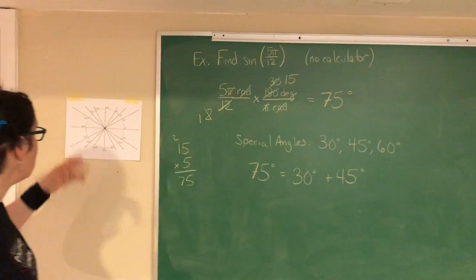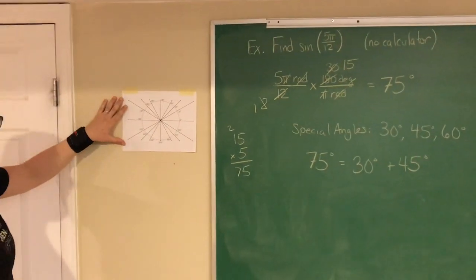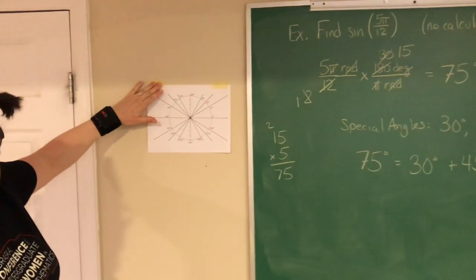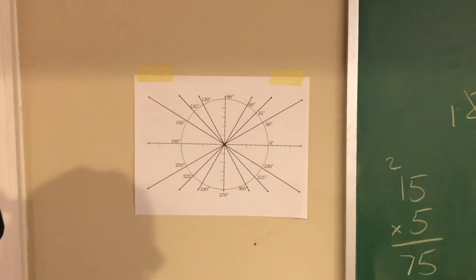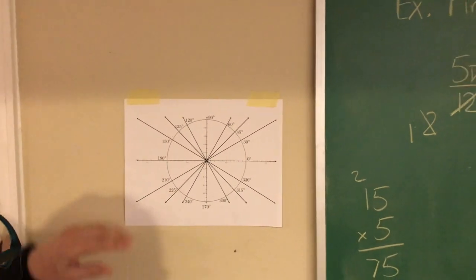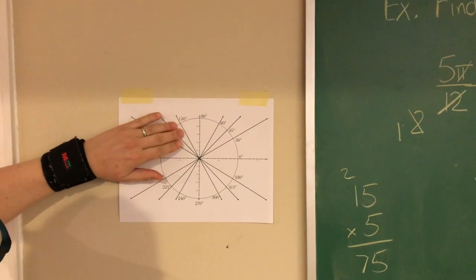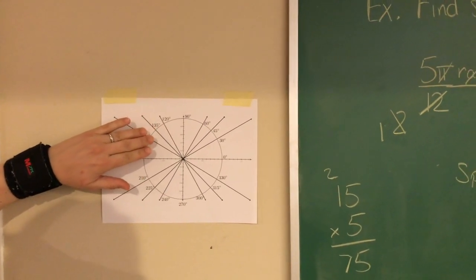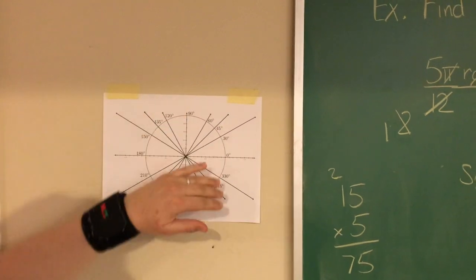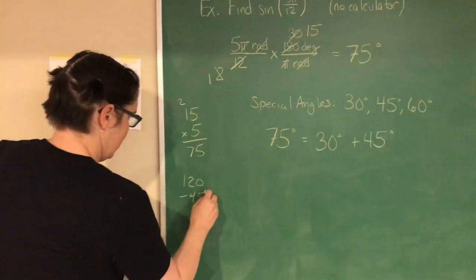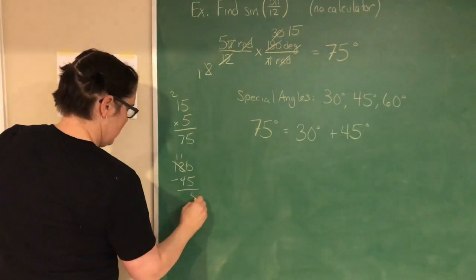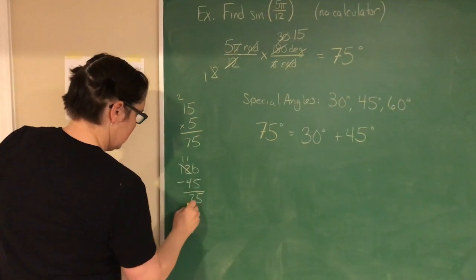So, for example, if I have my high-tech unit circle over here taped to the wall, let's see, if I want 75 degrees, I can take 120 degrees minus 45, because 120 minus 45, 11 minus 4 is 75.